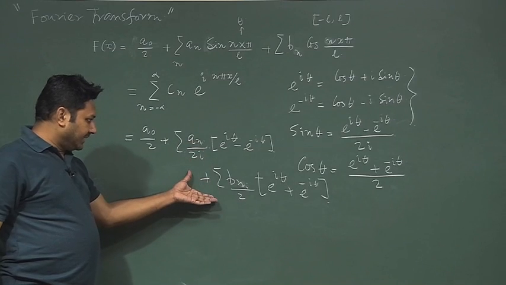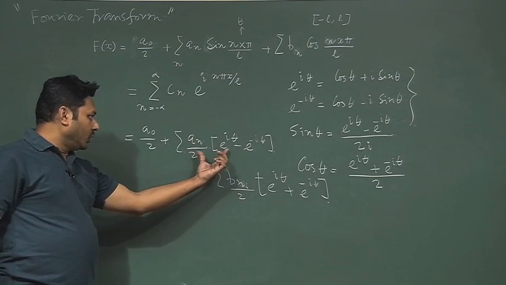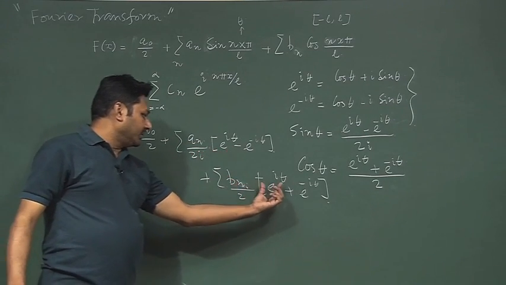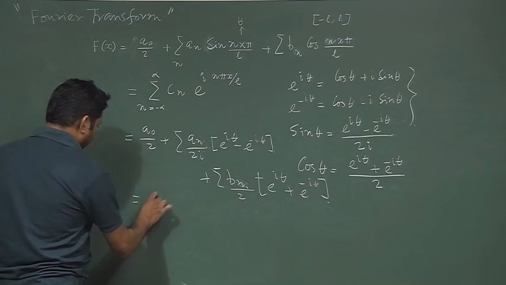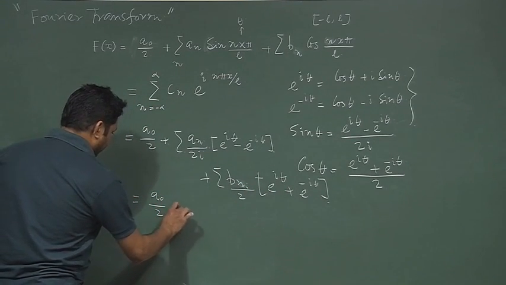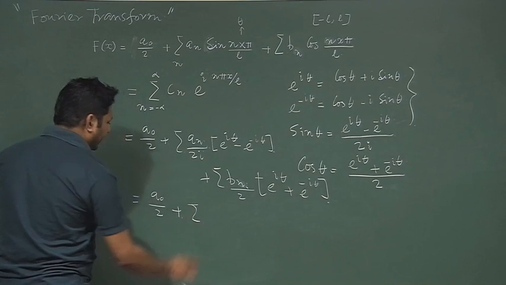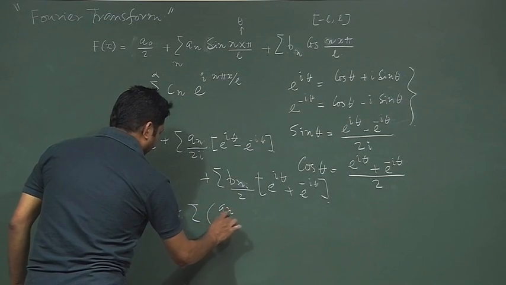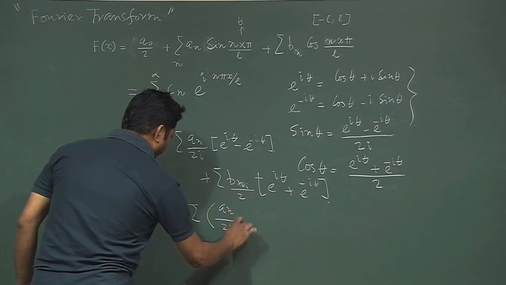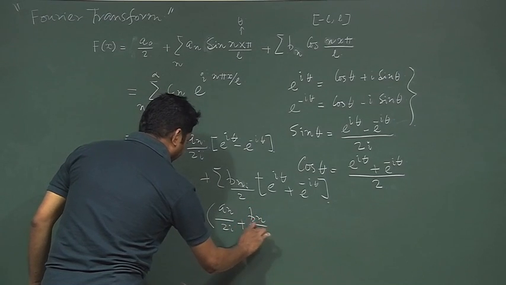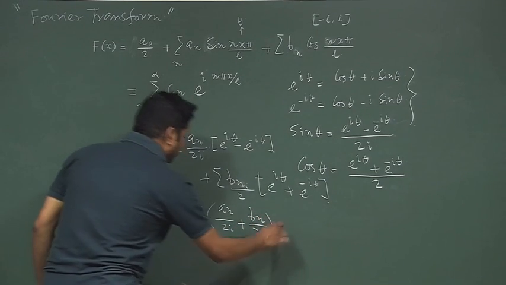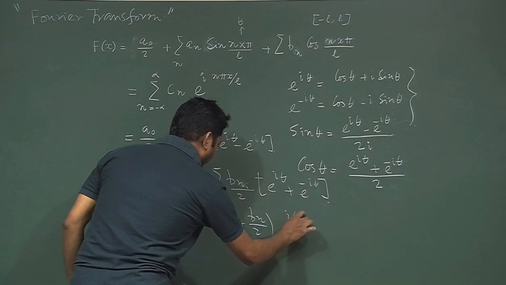When I write the entire thing, I can take e to the power i theta on one side, say something like a_n by 2i plus b_n by 2 multiplied by e to the power of i theta, one term.